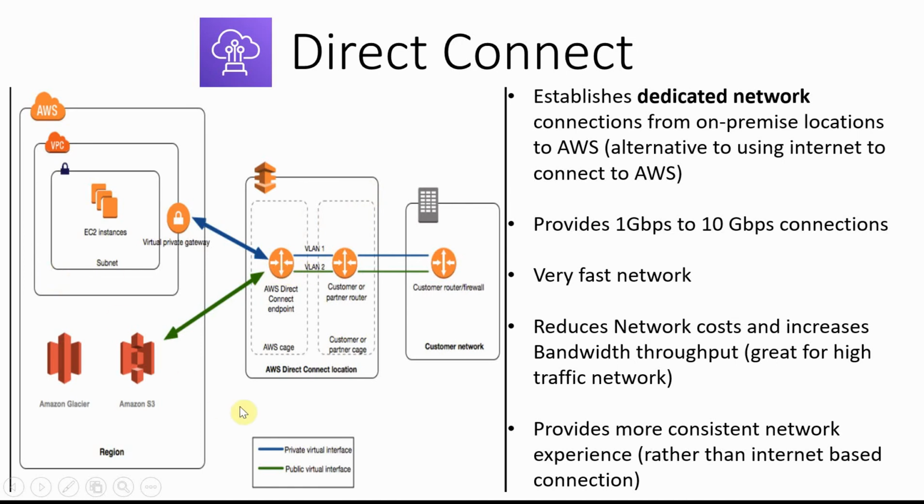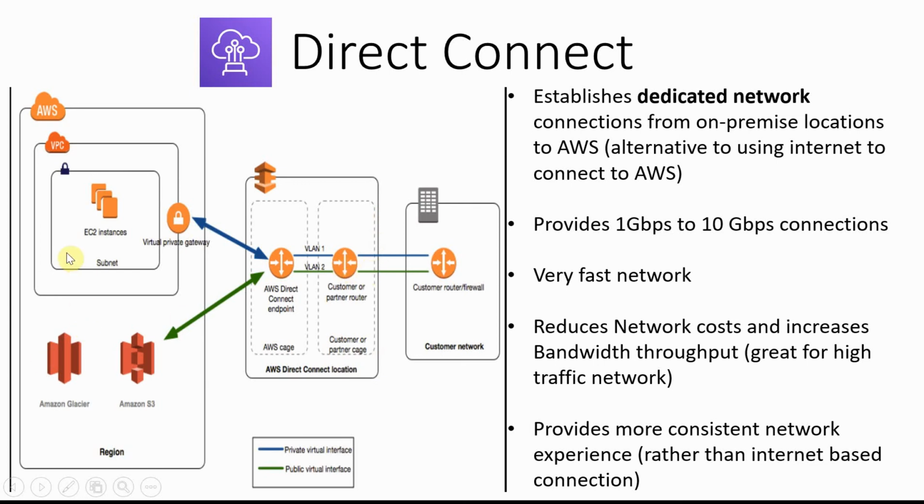So the typical network would be, on the customer side, you'll have a router or a firewall which will be configured to a customer or partner cage, where there will be a router configured on this side as well, where you have a tie-up with the vendor, and then you form this network.